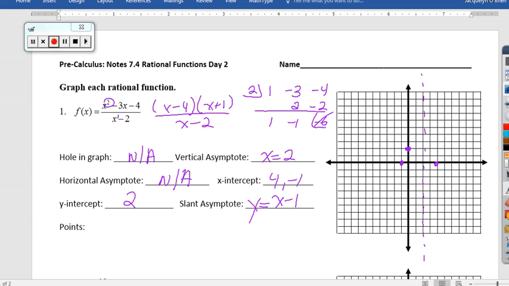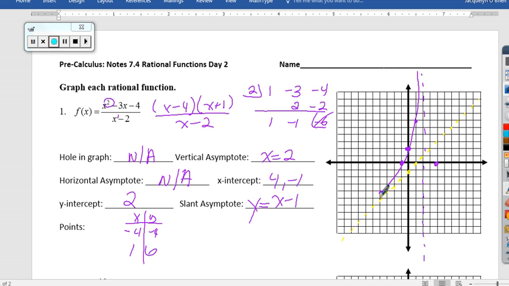We're going to put that into our graph. We have a y-intercept of negative 1 with a slope of 1, and there is our slant asymptote. At this point, we're just going to start pulling points off of our calculator. So we're going to be at (-4, -4) and (1, 6), which was up here.